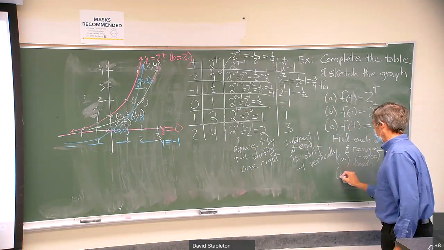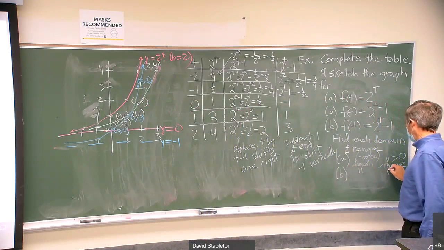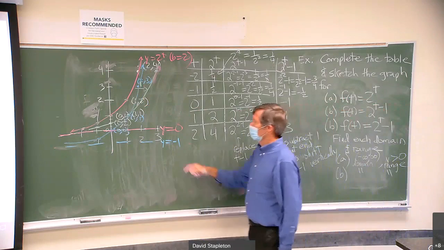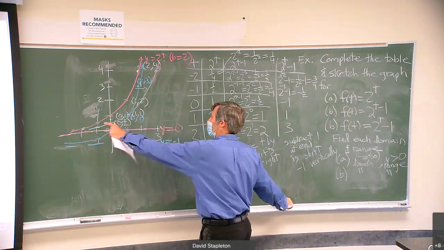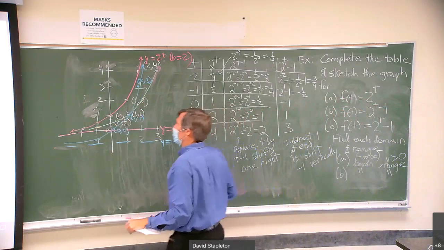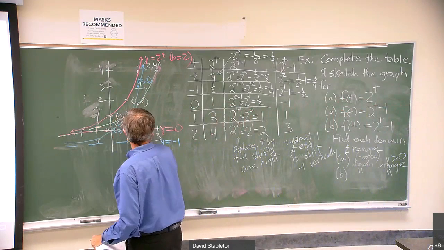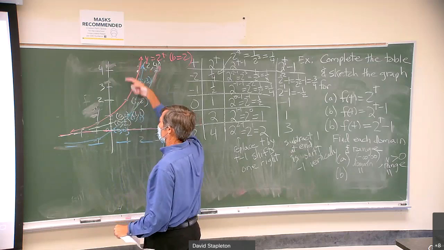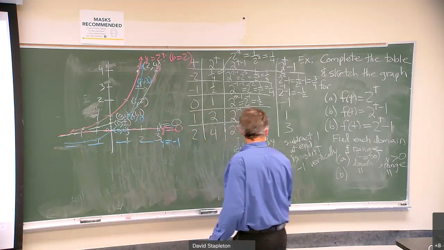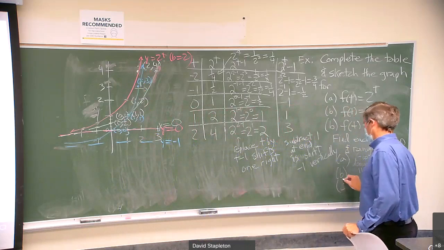And in part B, it's actually the same: minus infinity to infinity, and 0 to infinity for the same reason. The green one approaches the same asymptote. We just slid it horizontally, so it has the same asymptote, y equals 0, and it also comes down to that asymptote. However, on C, we changed it just a little bit.